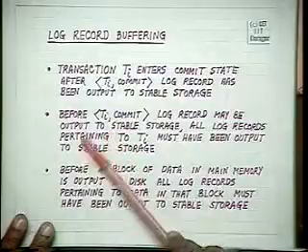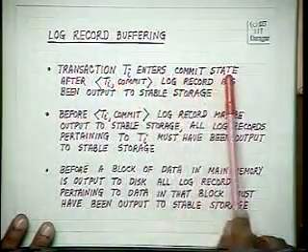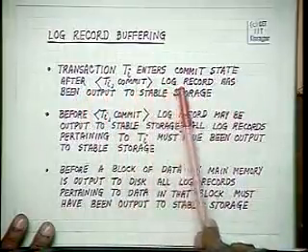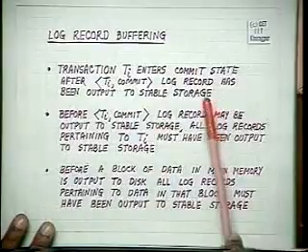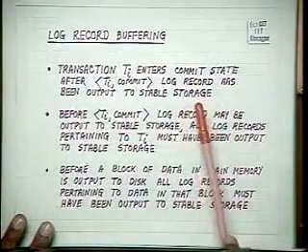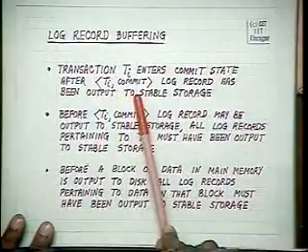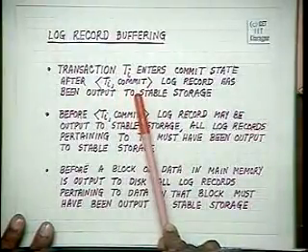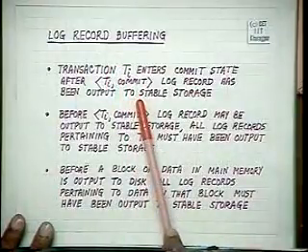The first is, we must allow transaction Ti to enter commit state only after the Ti commit log record has been output to the stable storage. That is, if we say a transaction is committed and its Ti commit is in the memory, then it doesn't make sense, because if the power goes off and the system crashes, then this transaction has completed its execution.